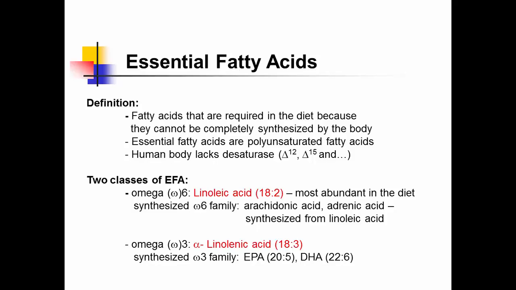Linoleic acid, which has 18 carbons and 2 double bonds, is the omega-6 essential fatty acid, right? And this linoleic acid is very abundant in the diet, so we are able to acquire linoleic acid from the diet.